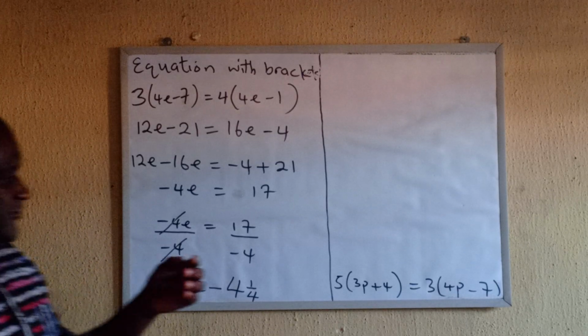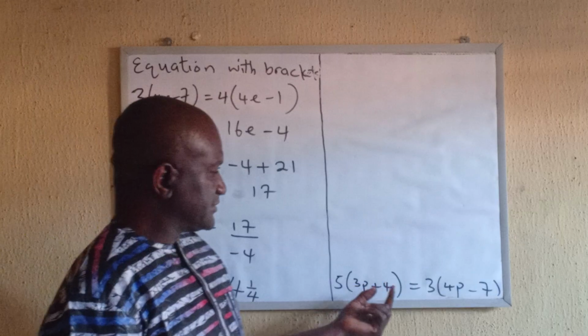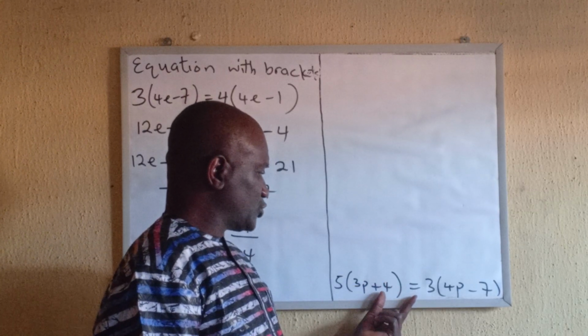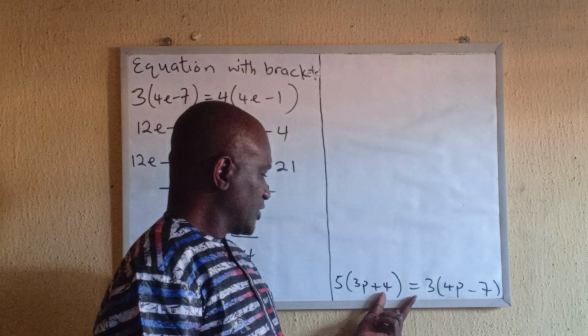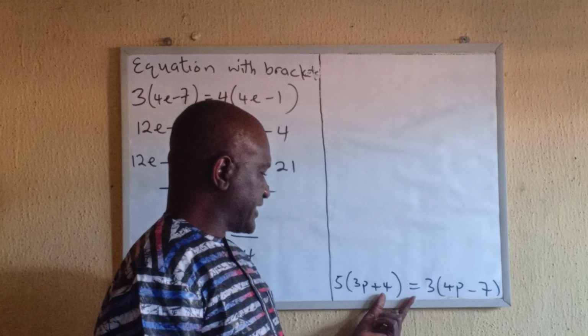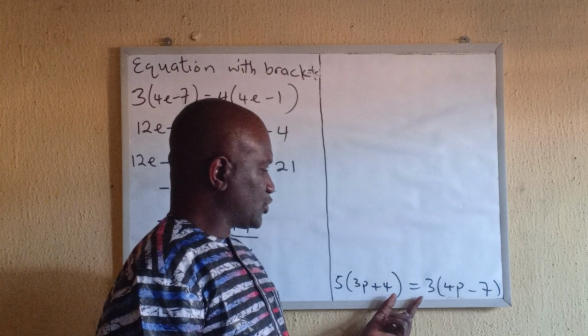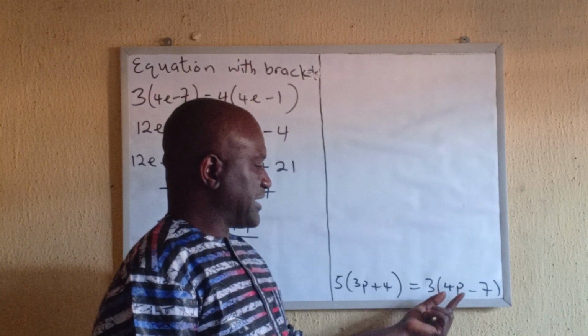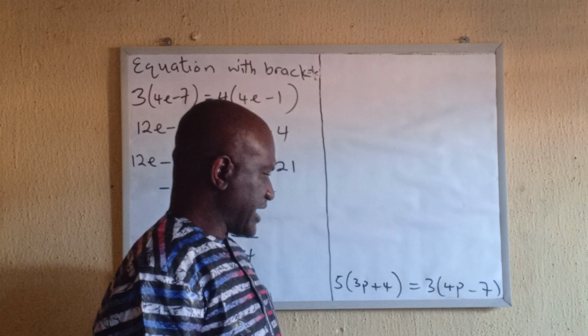Now we have an exercise here, or let's say assignment. What you have to do: we have 5 open bracket 3p plus 4 close bracket equals 3 open bracket 4p minus 7 close bracket.